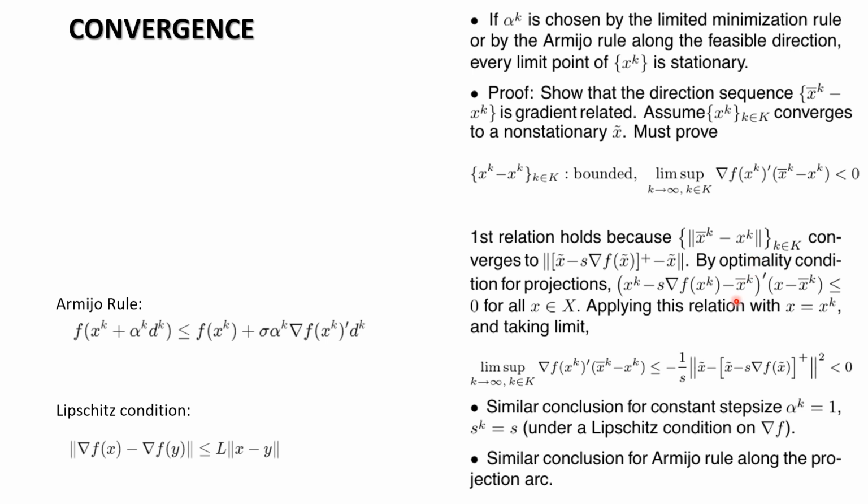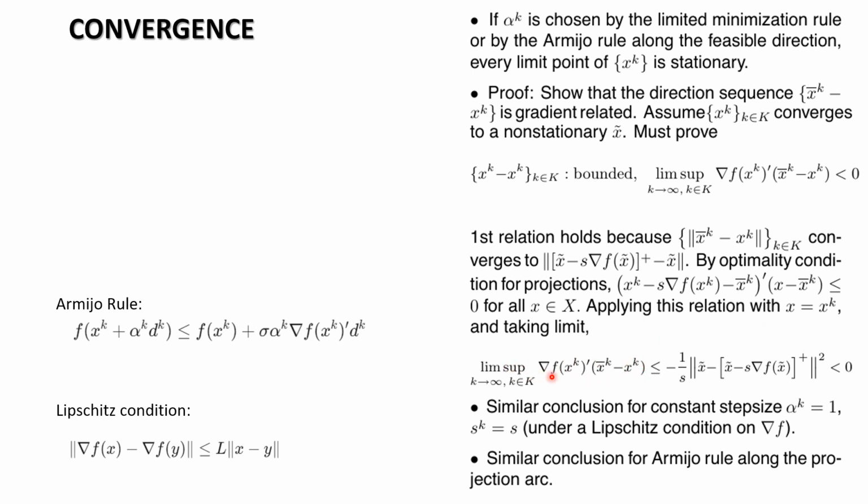Now we can use a key result from projection theory. By the optimality condition, this projection inner product is less than or equal to 0 for all x from the set X. So choosing x equal to xk, we get this relation.